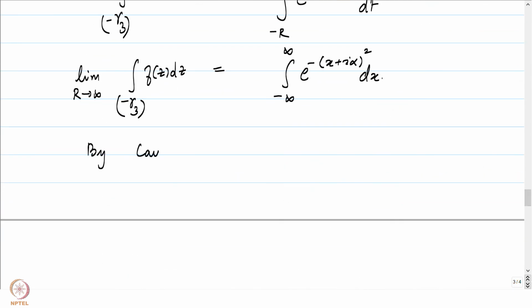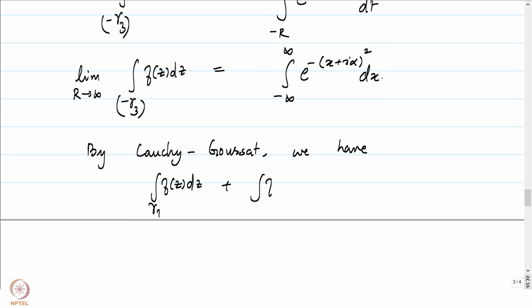By Cauchy-Goursat, we have integral of f of z dz over gamma 1 plus integral f of z dz over gamma 3 is equal to 0 as r goes to infinity.